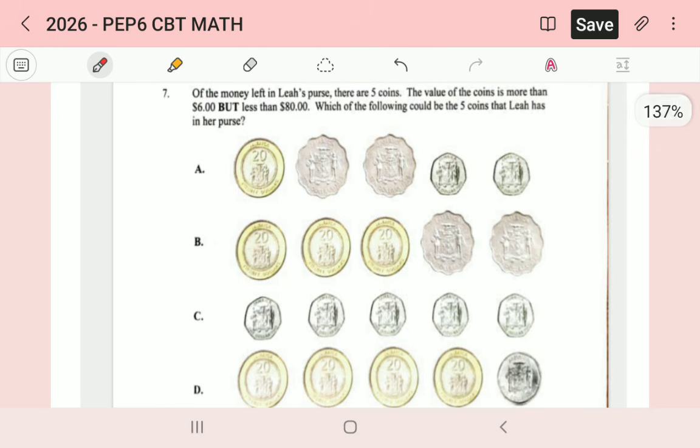All right, 1, 2, 3, 4, 5. This is out because that's $5, and it must be more than 6. Let's look at D. 2, 4, 6, 8. This is $81. It must be less than $80. So can't be C, can't be D. Let's look at B. 2, 4, 6, 7, 8. This is $80, and it must be less than 80. All right, so the answer is A. $20, $30, $42. More than $6, but still less than $80.